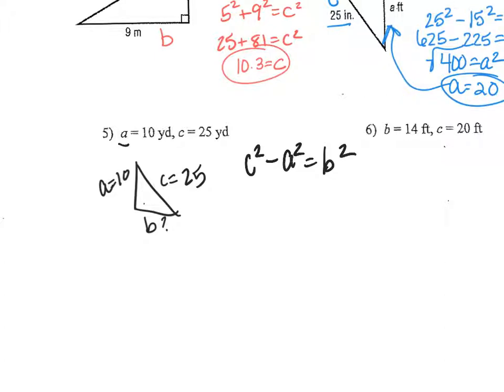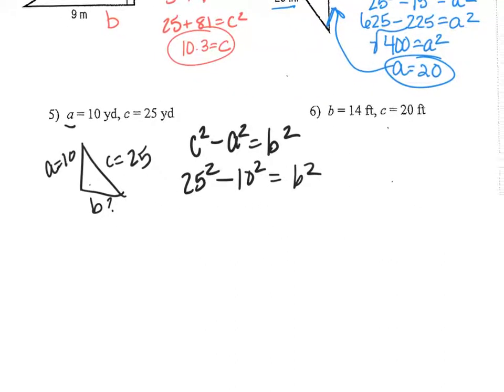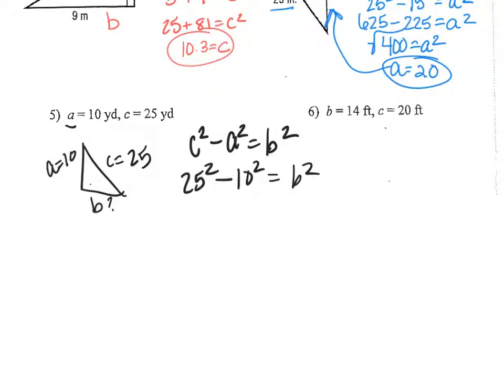Okay, so plug it in. C squared, 25 squared, minus A squared equals B squared, whatever that is. So 25 squared is 625 minus 10 squared, which is 100, equals B squared.